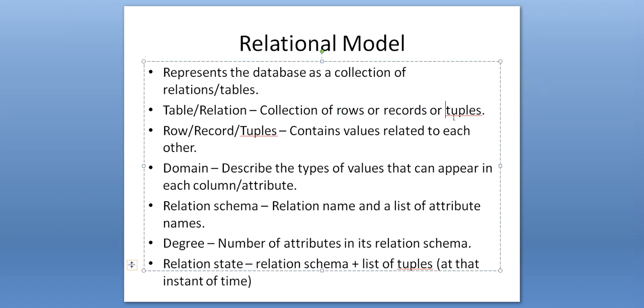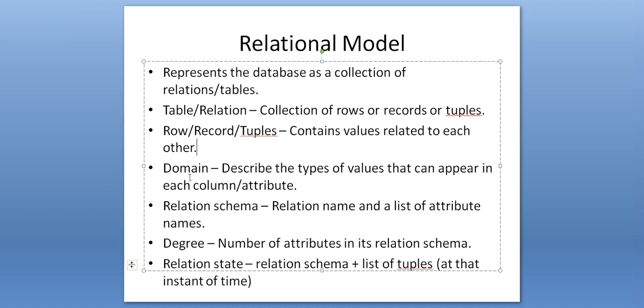We will use tuples, the standard term for the relational model. It is a collection of tuples. In a table we have rows, so tuples represent the rows, containing values related to each other.